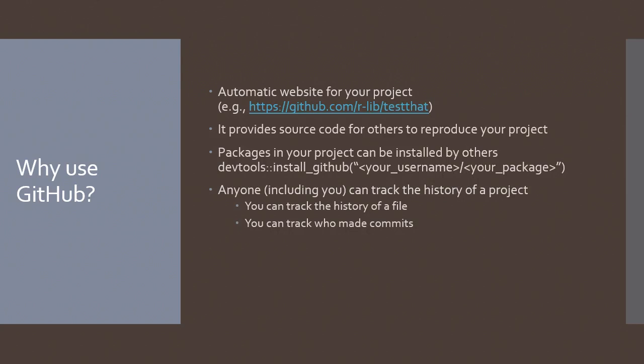You can track who made the commits if you're involved in a collaboration. And comments can be made on commits so that you can see at a glance what that commit changed in the project, what additional work was done that led to that commit. GitHub also provides many collaboration tools.